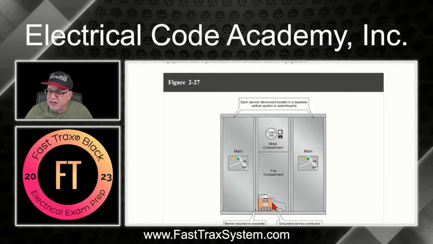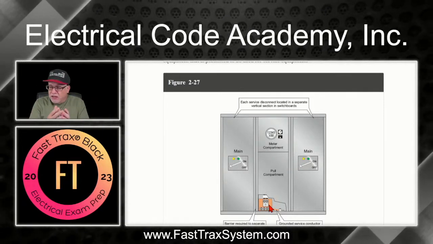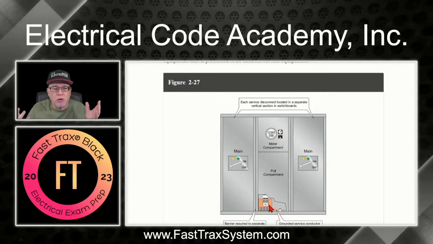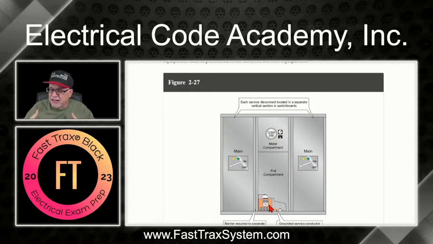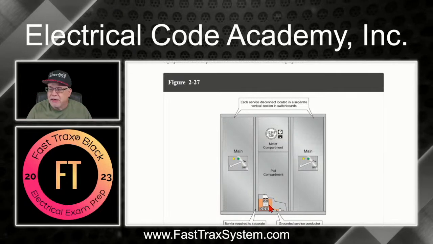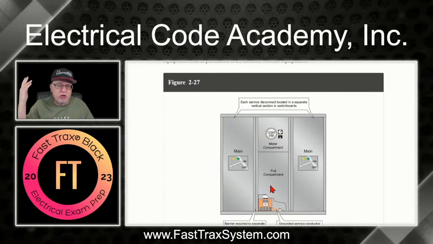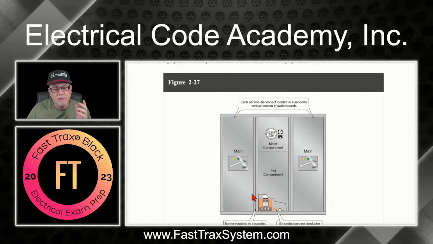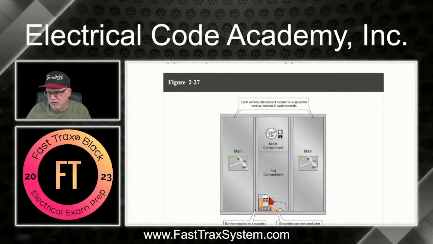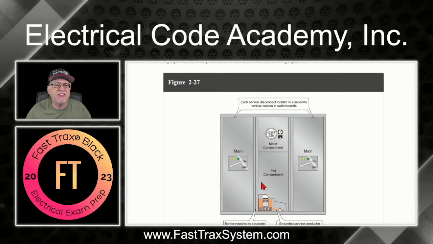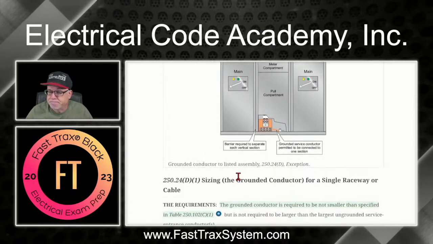And so what you've got is a common bus that traverses through each one of these sections, and it connects over to the enclosure. And this is where all the main bonding jumper is done and everything's done here. But it gets done in this one common location rather than making connections in these separate vertical sections. This is permitted, right? And this is an allowance to do this, okay? This is one big listed assembly, right?